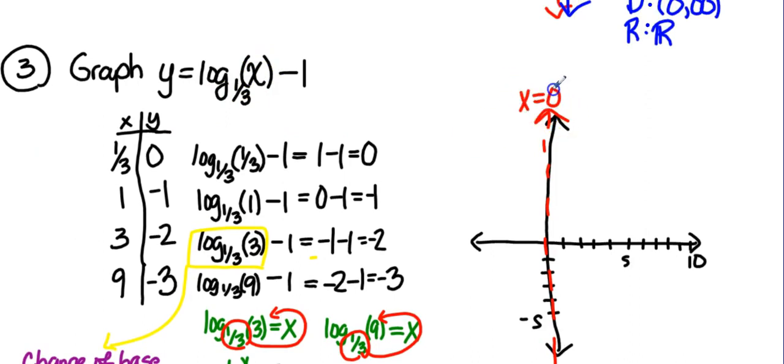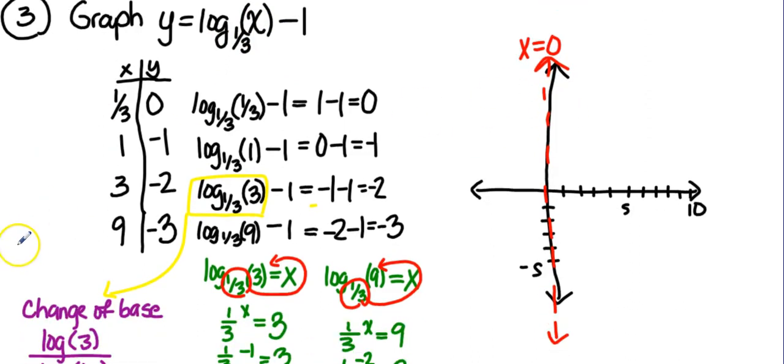So x equals 0 is my asymptote. 1/3, comma 0 is going to be a little bit past 0, and the y value is 0, so I don't go up or down anywhere. 1, -1, 3, 1, 2, 3, -2, and then 9, -3.